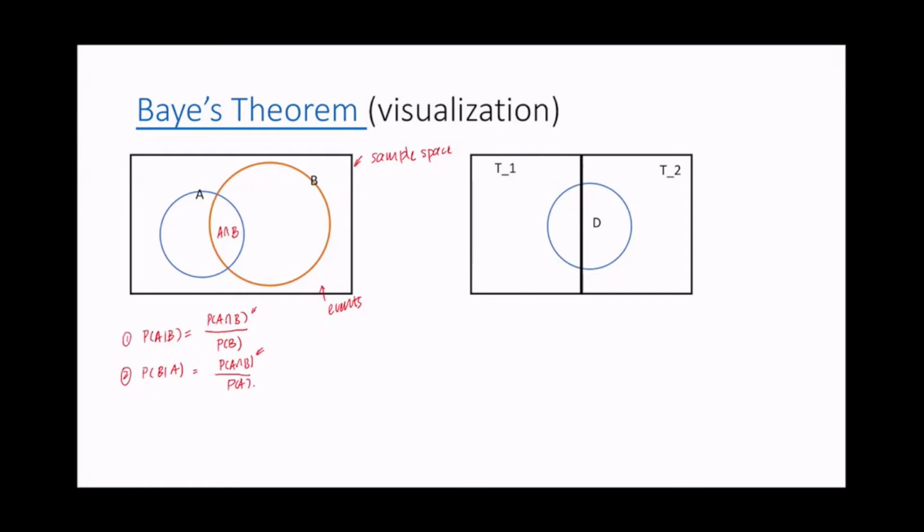So we can merge them into one equation: P(A|B) times P(B) equals P(B|A) times P(A), where this bar means given. This gives us one example of Bayes' theorem. The most common version of Bayes' theorem is written in this way.